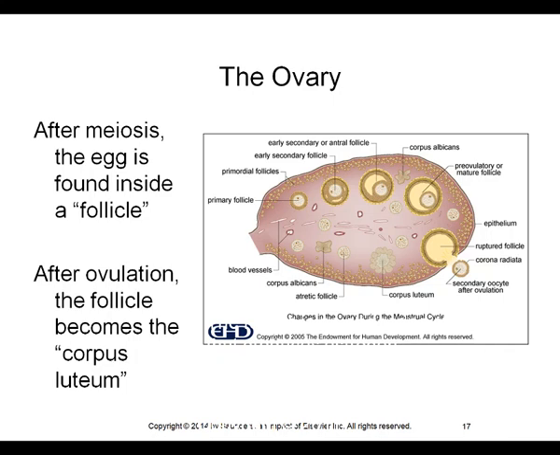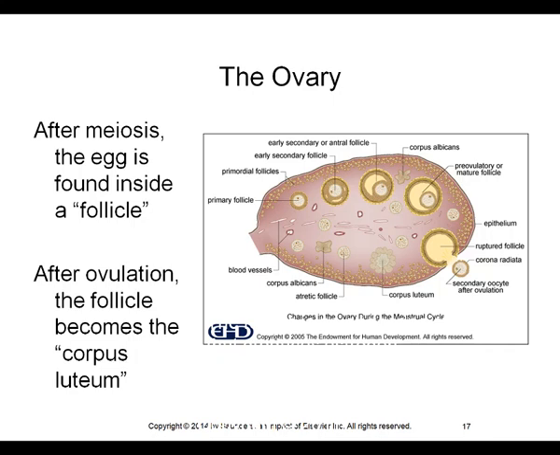Once the egg is released, don't worry about all these terms, I'll tell you the terms you need to know. Once the egg is released, the follicle develops into something called the corpus luteum. This is something you do need to know.